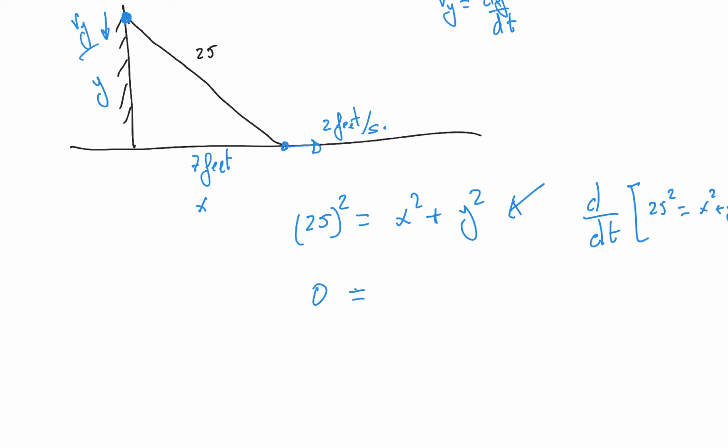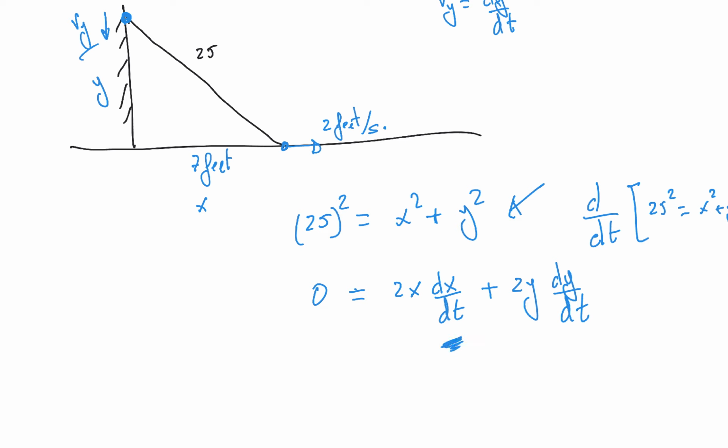The derivative of x squared is 2x times the derivative of x with respect to t. And the derivative of y squared is 2y times the derivative of y with respect to t.